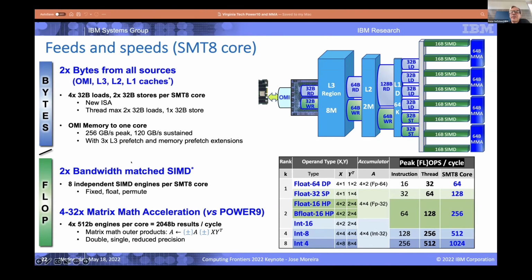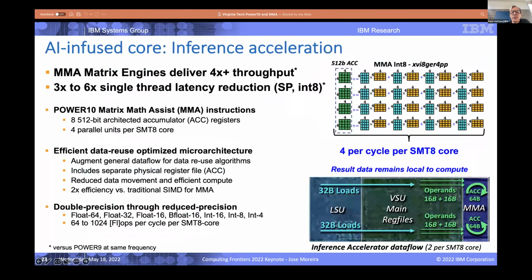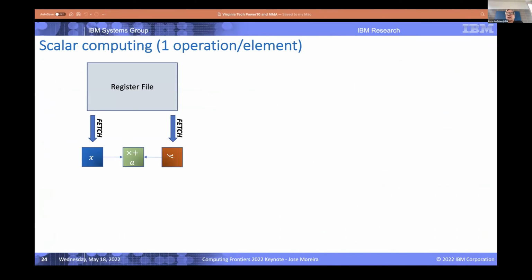We doubled the number of SIMD engines, as I mentioned, and then introduced this matrix math function that I'm going to talk about next. Actually, let me skip this slide and talk about matrix math.